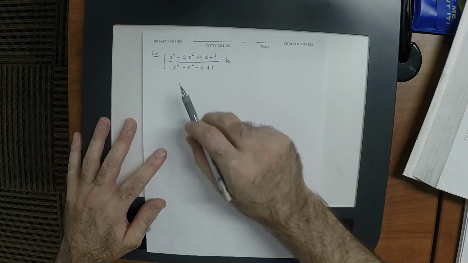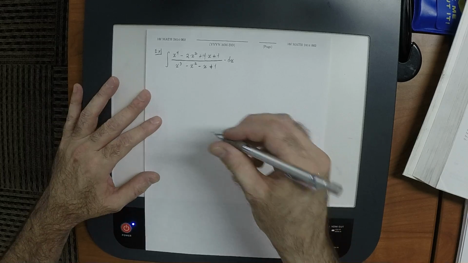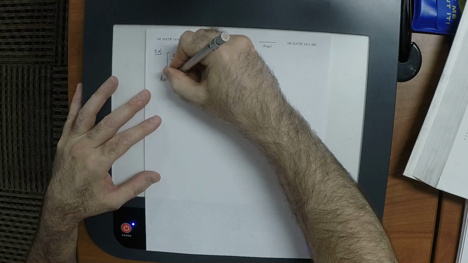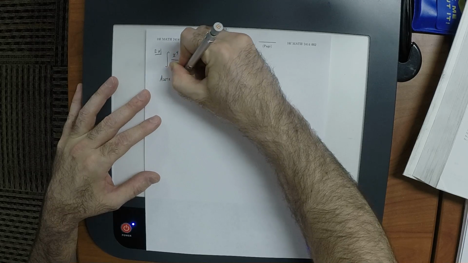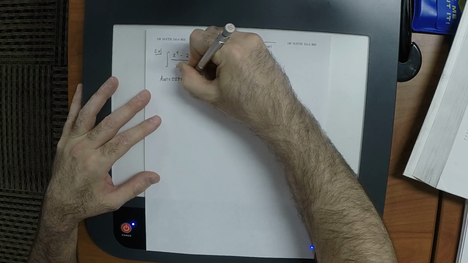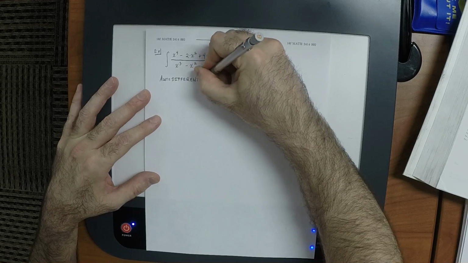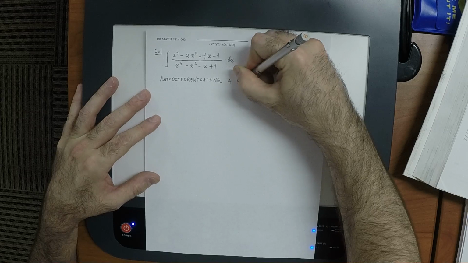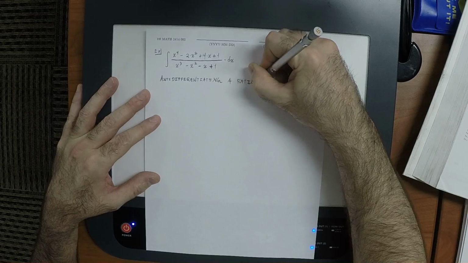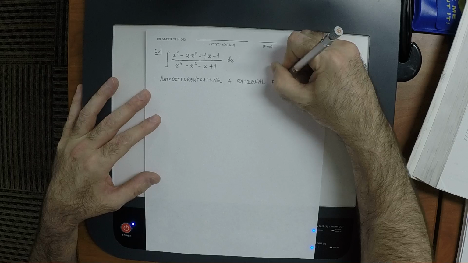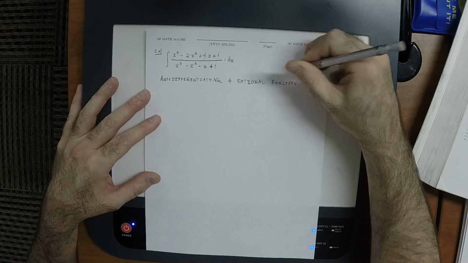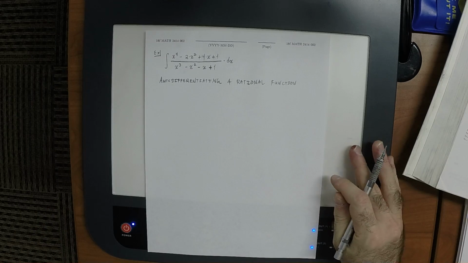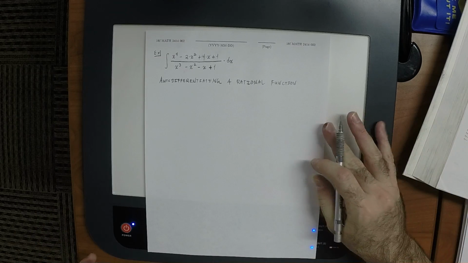Furthermore, concerning this rational function, so we're anti-differentiating a rational function, just having a look at it, it doesn't appear to me to be immediately obvious what the answer is.